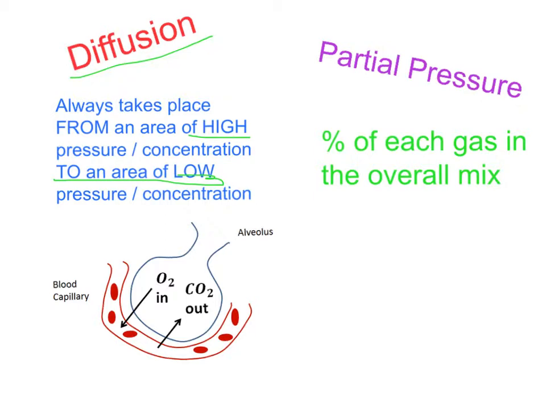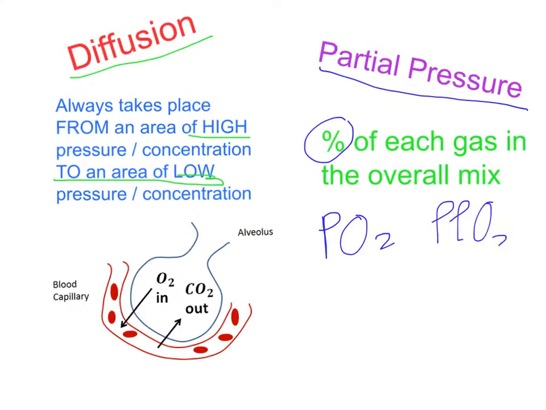We need to know this, and also putting that into an answer for this question can pick you up a mark. The second thing we need to know about is partial pressure. This essentially is the percentage of each gas in the overall mix. So we talk about pressure of oxygen or partial pressure of oxygen. It doesn't really matter whether you go with one p or two p's.